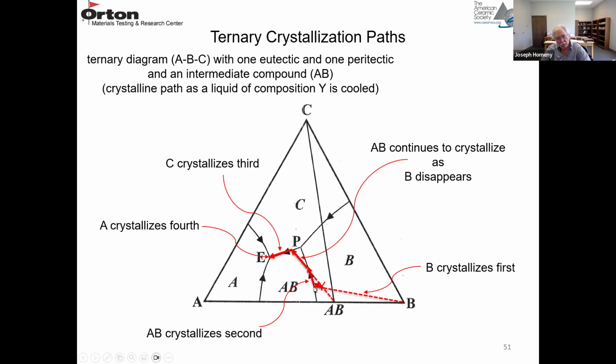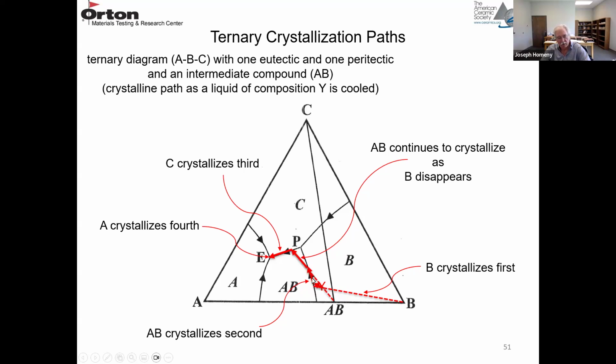And then we start moving in this direction along this arrow, lowest temperature direction towards point P, but we don't get to point P because when AB crystallizes out, we now have to draw a line from AB through Y, and that intersects this boundary between A and B at this point here. And then the crystallization path follows this arrow instead of the boundary line.